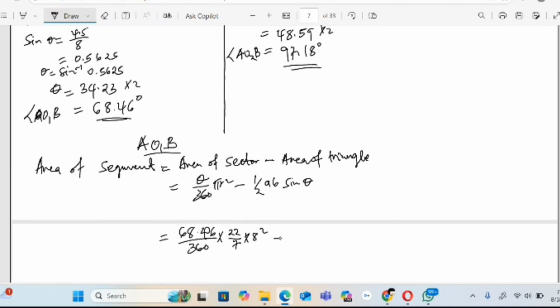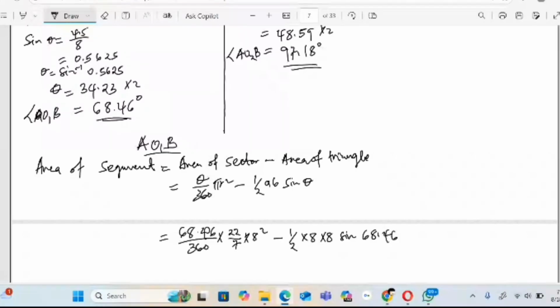Our A is 8, our B is 8, then sine 68.46.